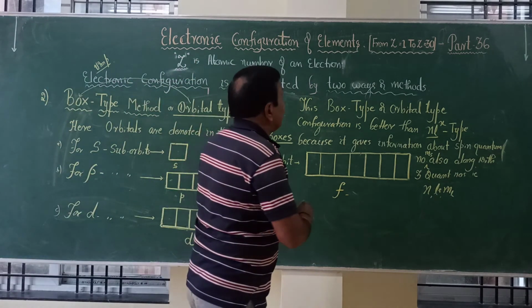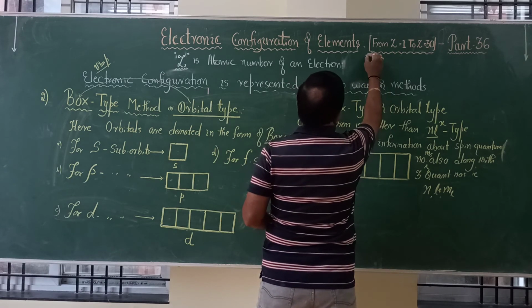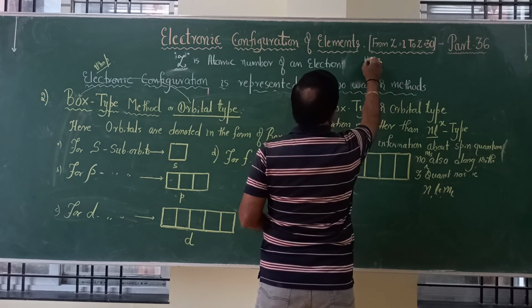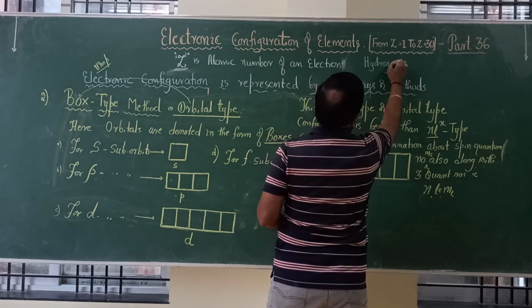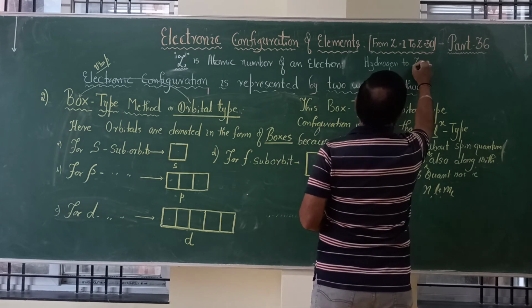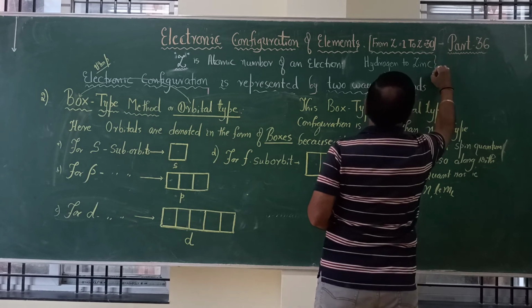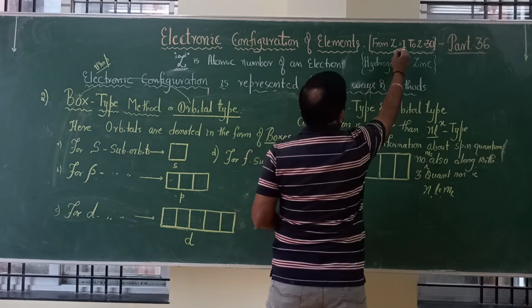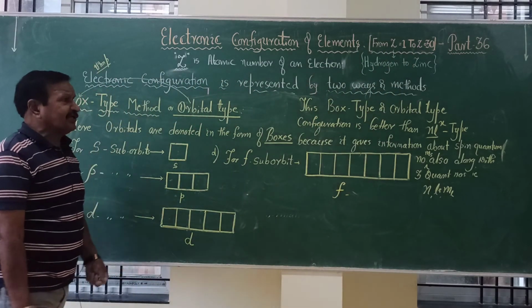Z equal to 1 is hydrogen, and Z equal to 30 is zinc at present. At least you have to remember this much configuration, with 2 exceptional configurations.